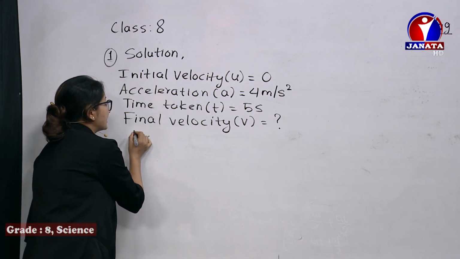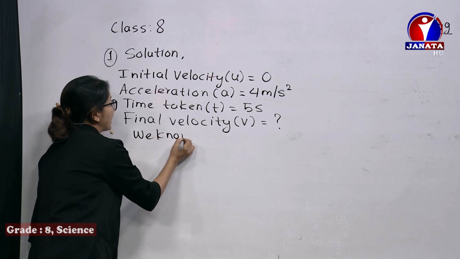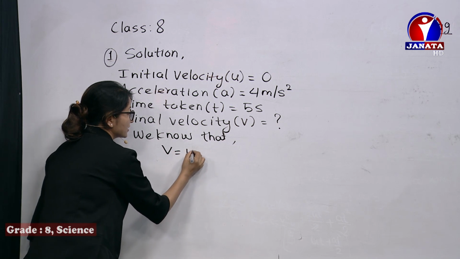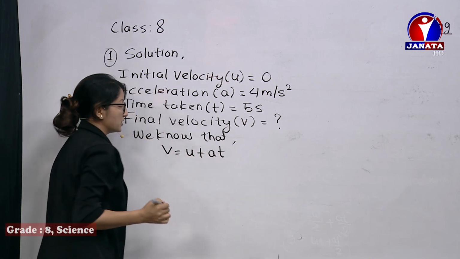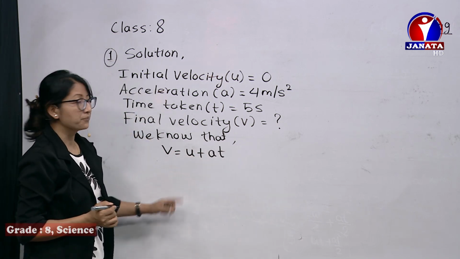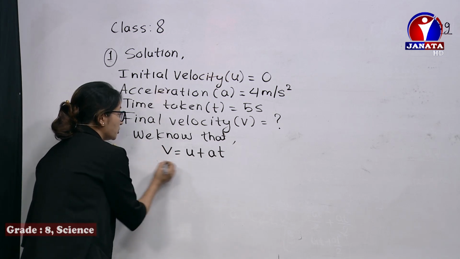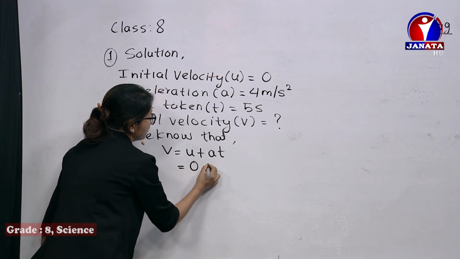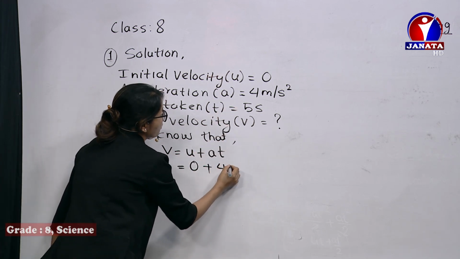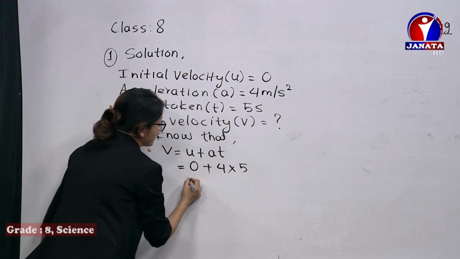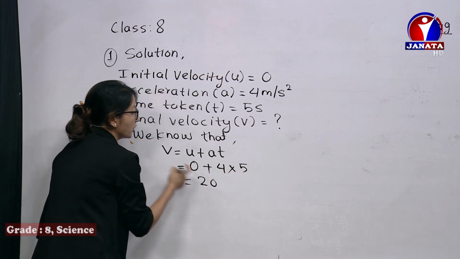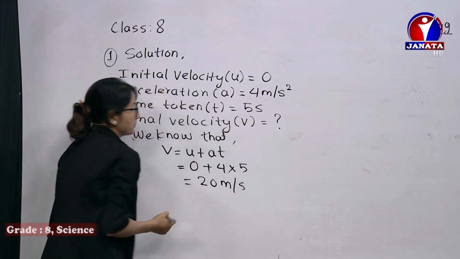But we have already derived a formula, so we can easily use the direct formula. We know that v equals u plus at, just as we derived before. We don't know v, we need to find it. u is 0, plus acceleration is 4 into time taken is 5. So 4 into 5, 4 fives are 20, and velocity, we all know, its SI unit is meter per second.